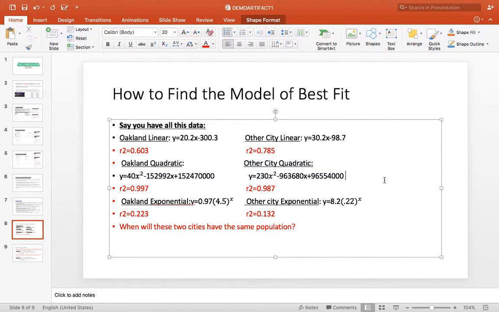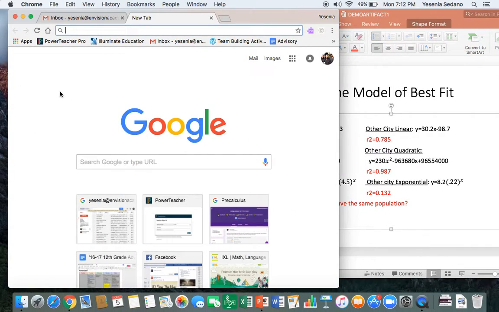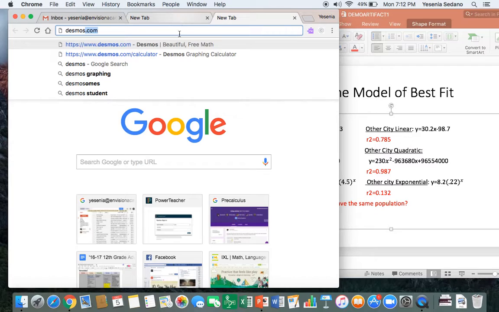My model of best fit for my other city is this function, and I figured that out using the r squared or the coefficient of determination. So I'm going to go on Desmos and graph this function and this function and find out if they have a point of intersection. If they do have a point of intersection, then that will be the point where they have the same population because that means their y's are equal. When their y's are equal, that's when they have the same population.